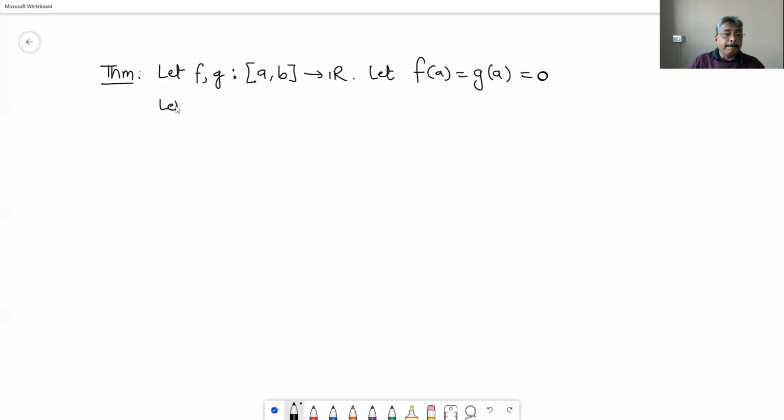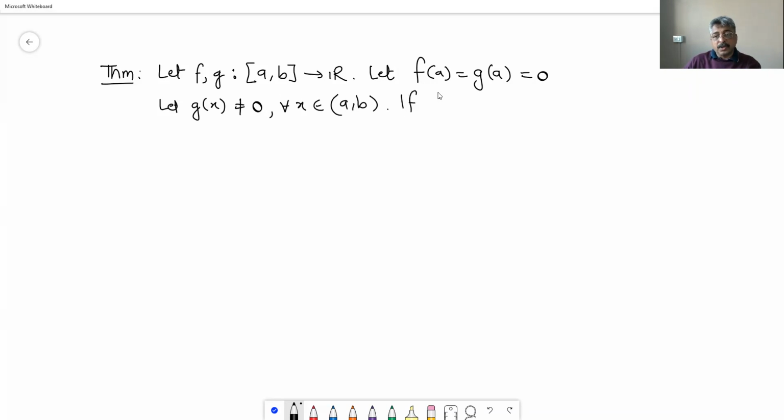Let g of x is not equal to 0 for every x belonging to (a, b].